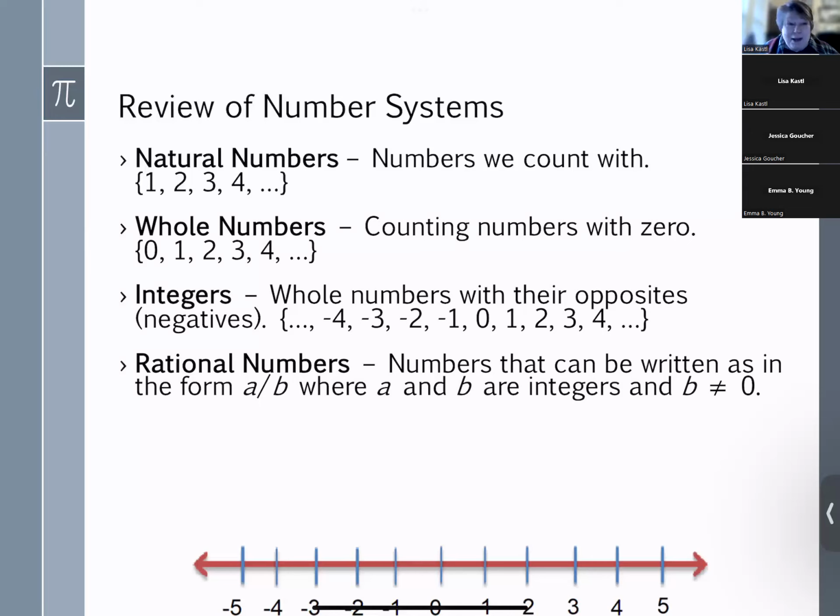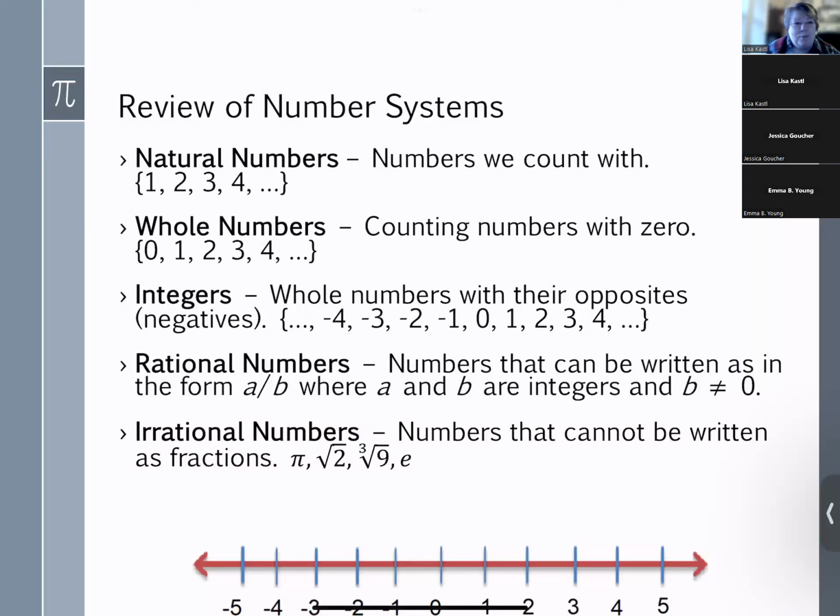Well, there are an infinite number of numbers you can't write as fractions. Mathematicians are so fun. In their infinite wisdom, they said, if it's not rational, it must be irrational. I didn't make it up. So what are irrational numbers?